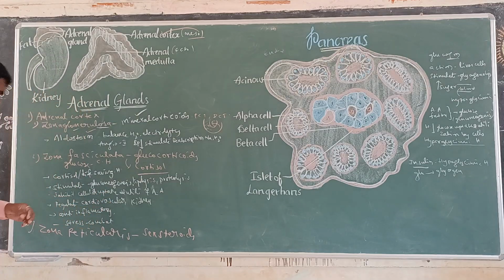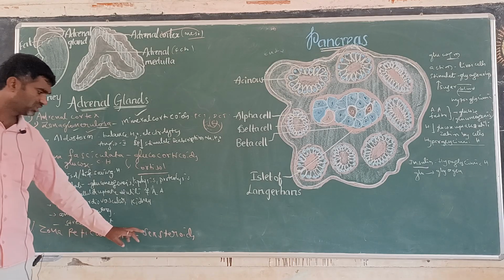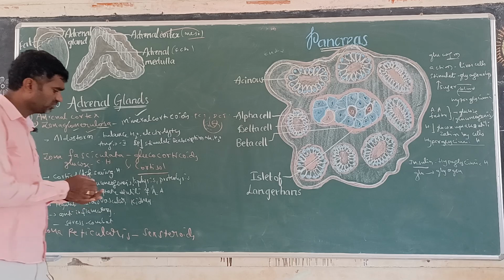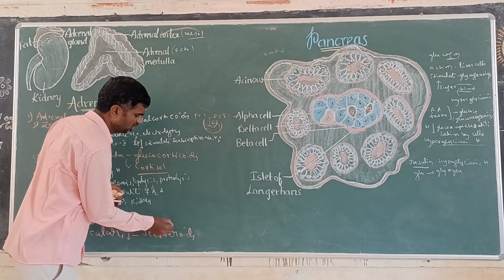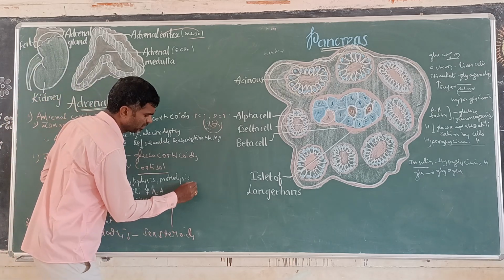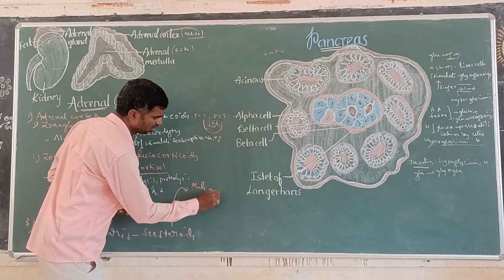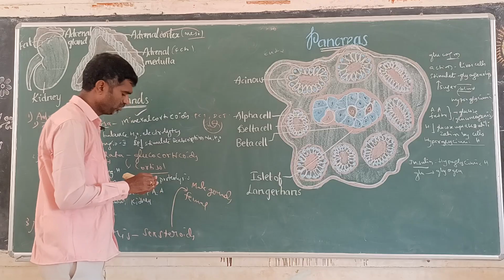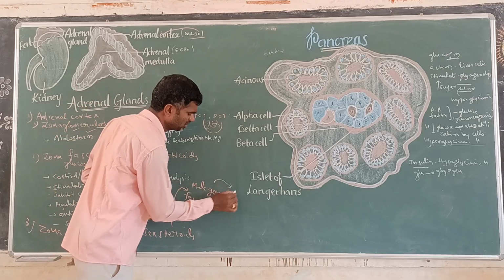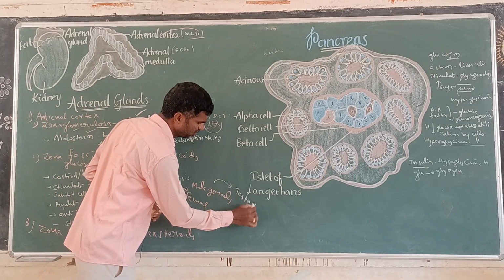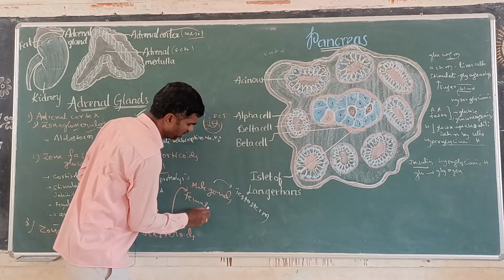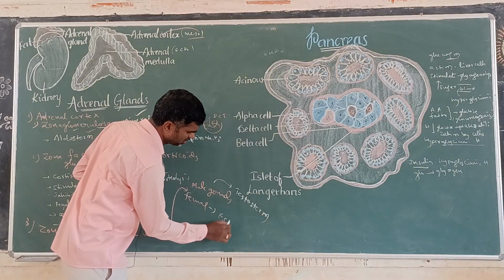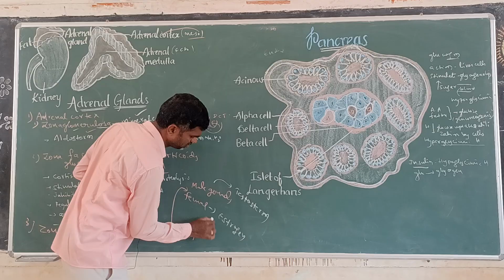And the third one is the zona reticularis. Zona reticularis secretes sex steroids. Steroids are mainly from the male gonads and the female gonads. The male gonads release testosterone, and the female gonads release estrogen and progesterone. So that is the zona reticularis.